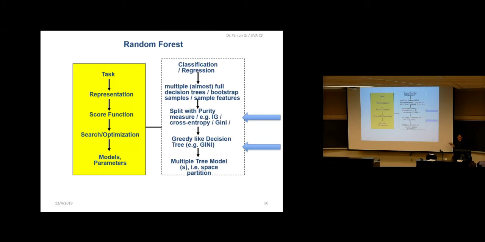So random forest improved the decision tree from one tree to multiple trees. It almost generates a full tree in each of the trees, and it's also using the Gini type of split function. It's very similar to decision trees, but the difference is you have multiple trees, and also for each split, you don't consider all the features, you only use a random subsample of the features.